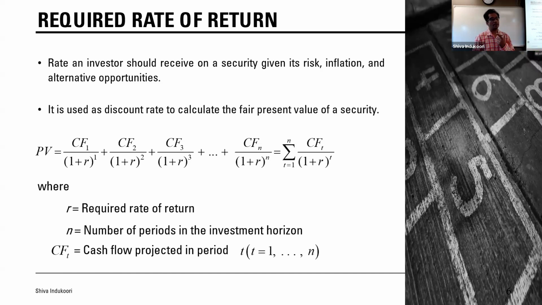You have to take care of that, because here CF1 does not mean first year. It means first 6 months, second 6 months, third 6 months, and so on. So if you have the data for yearly coupon payment, divided by 2, if it is a 10-year bond, it becomes 20 periods. So don't get confused, importantly, when you are working on Excel.